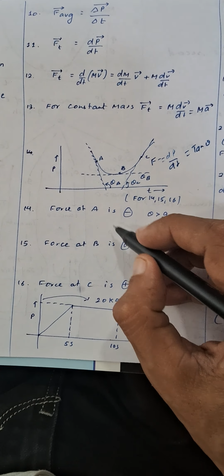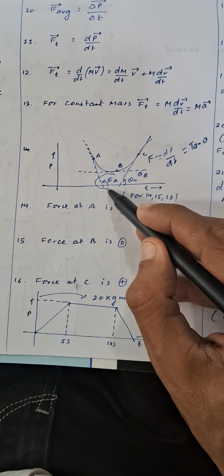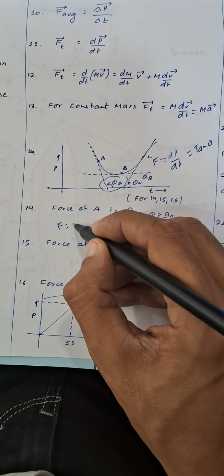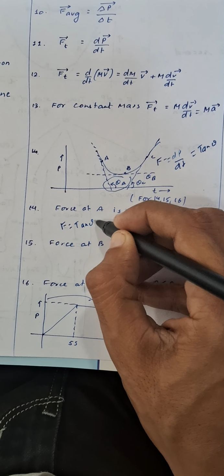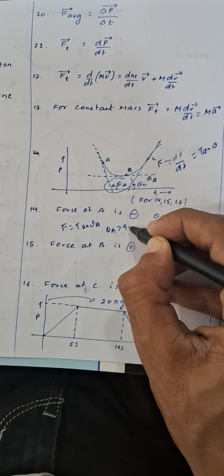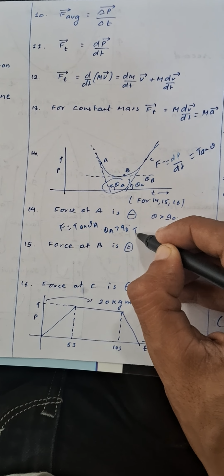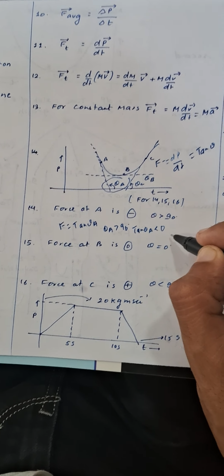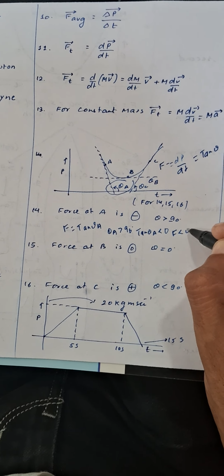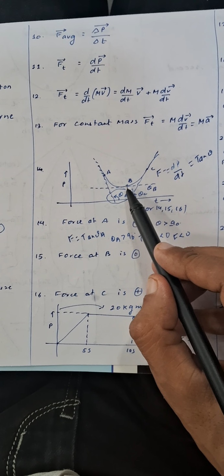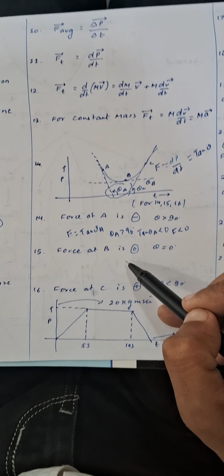So using that concept, at A you can see that theta A is obtuse. So force will be tan theta A, and since theta A is greater than 90, tan theta A will be negative and hence force will be negative. Similarly, we can see that at B, theta B is equal to 0.